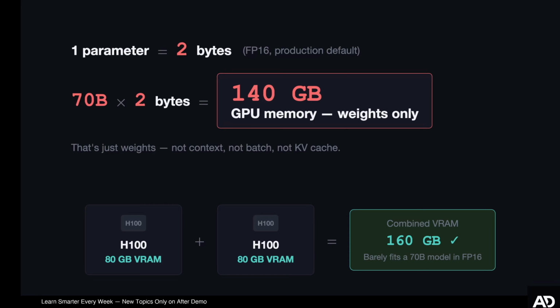And the H100, the current workhorse of production AI, has 80 gigabytes of VRAM. Your 70 billion model does not fit on one H100. You need at least two. Think about that. One number on the model card, printed there to describe quality, is directly controlling how much hardware you rent.